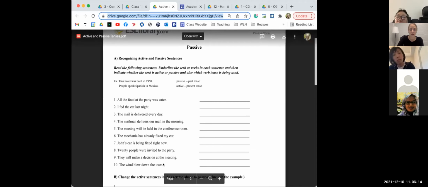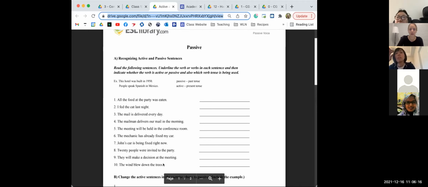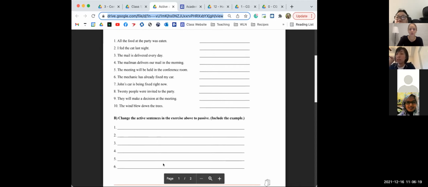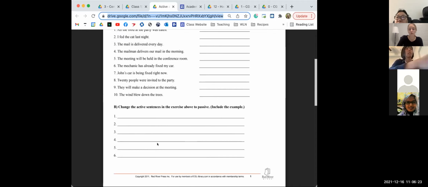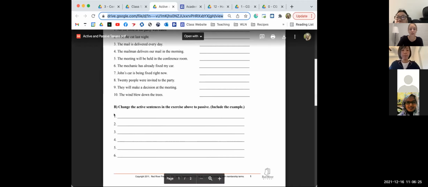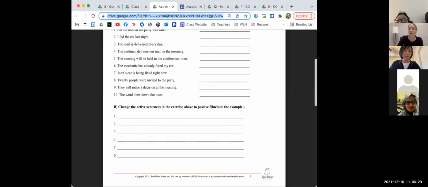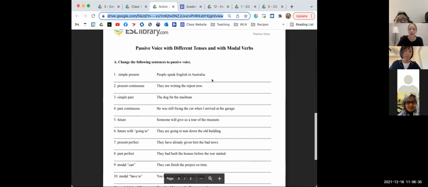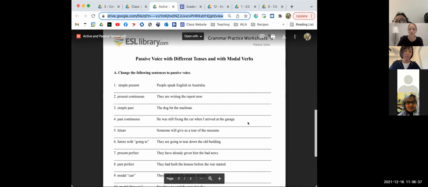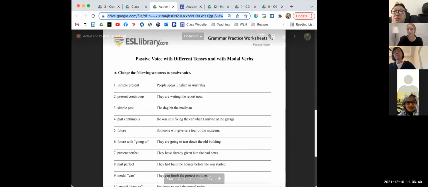So you can work together on identifying those 10 sentences. You can get started, but you maybe don't have to finish writing all 6 sentences. You're going to change the active to make them passive, these sentences up here. And then I'd like you to take a few minutes to work together on this second page.